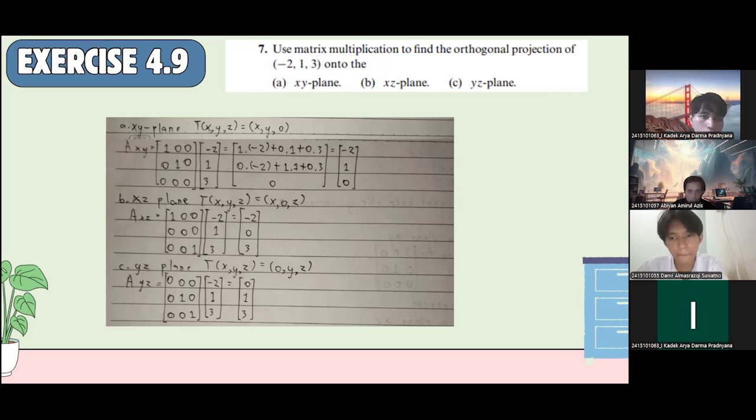This means that the orthogonal projection of the vector (-2, 1, 3) onto the three coordinate planes can be done using the projection matrices from table 4. The results are for the xy plane, the xz plane, and the yz plane.